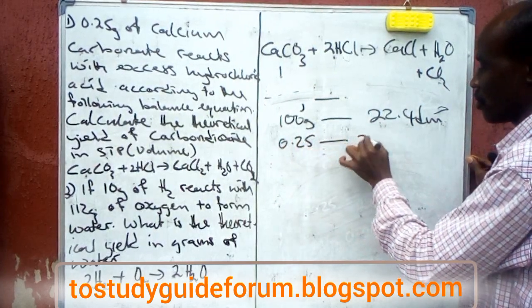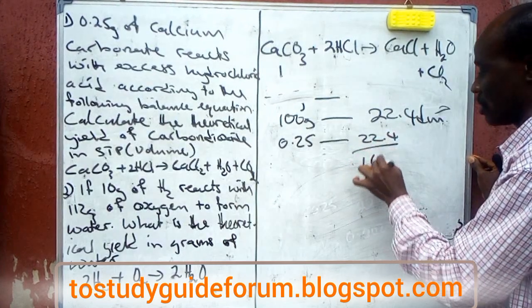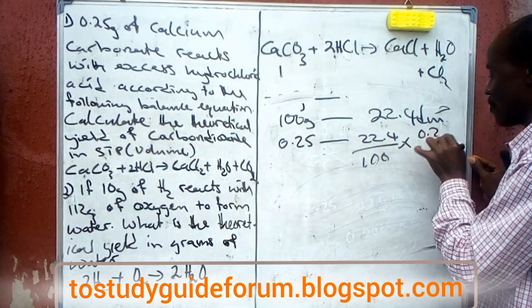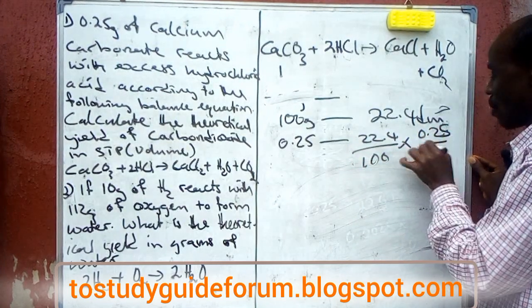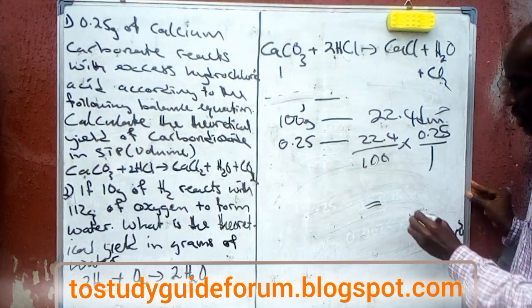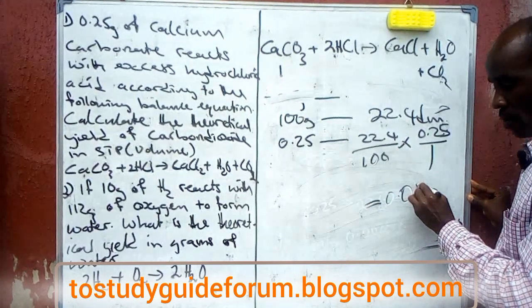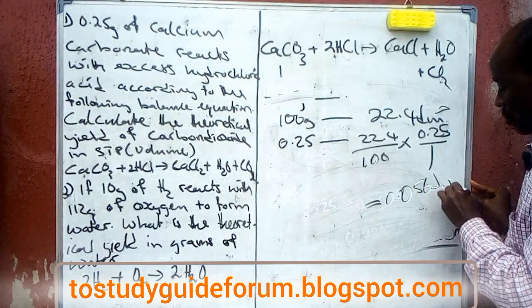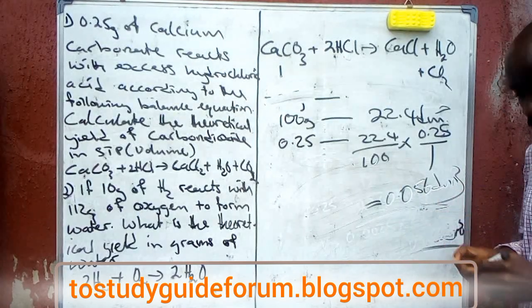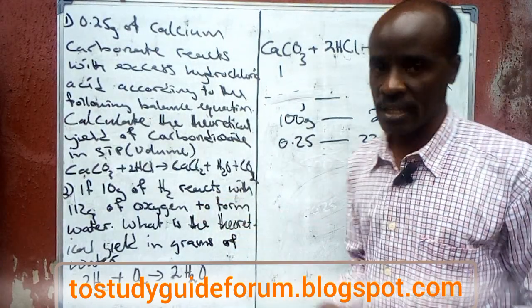So 0.25 grams will give us 22.4 over 100 times 0.25 over 1. If you multiply it, we will have 0.056 dm cubed. So the next question, we'll be solving it in our next video.